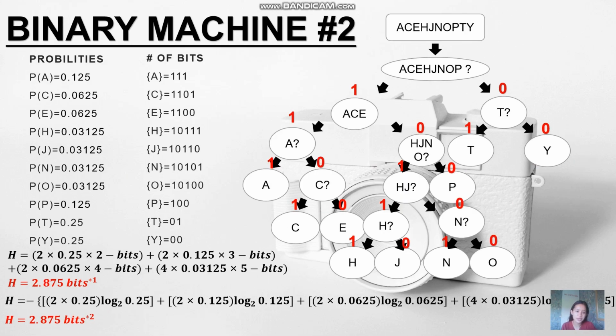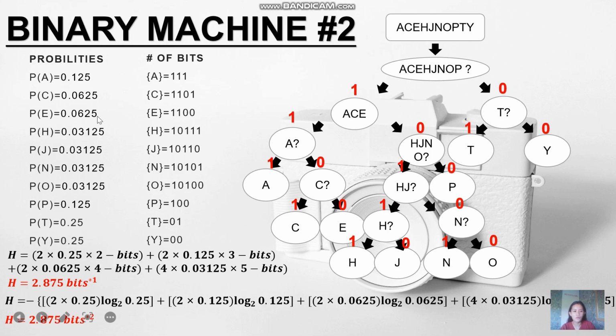So I have here binary machine number 2. This is a totally different structure and arrangement of letters. Starting with letter A, we have 1, 1, 1, a total of 3, so the probability is 0.125. For letter C, we have 1, 1, 0, 1, so that is a total of 4, so the probability is 0.0625.